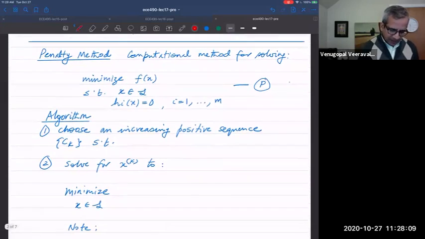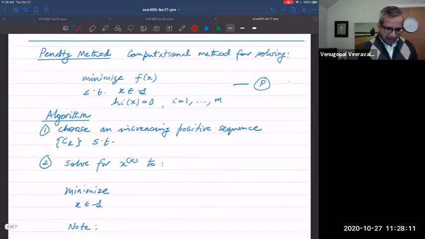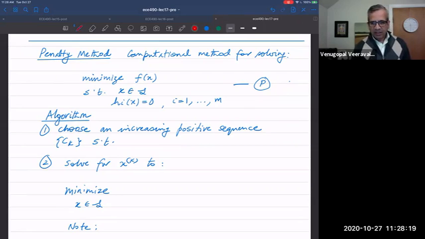So, let's look at this other approach to deal with equality constraints. This is called the penalty approach. Here, the idea is to again add something to the objective function.